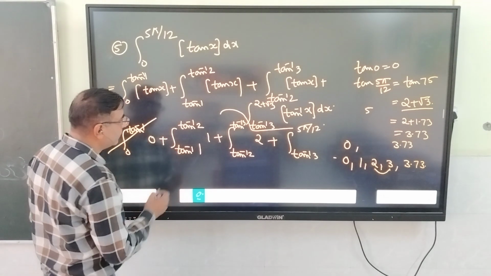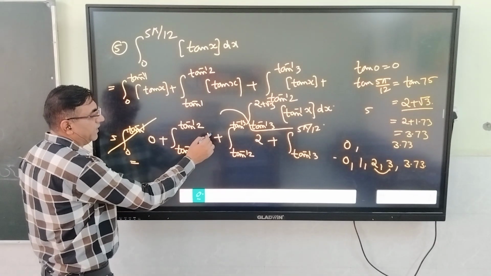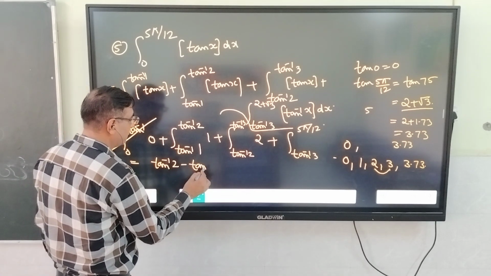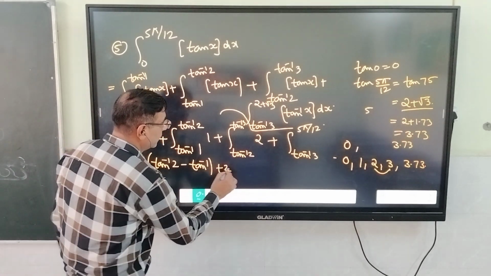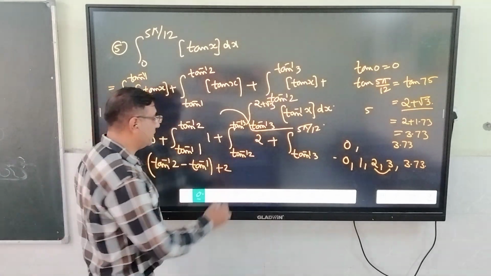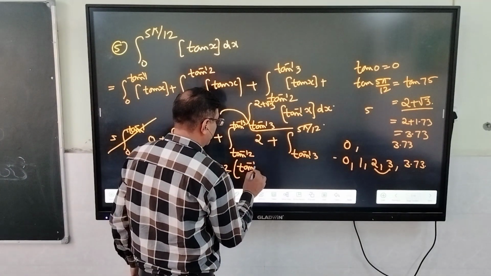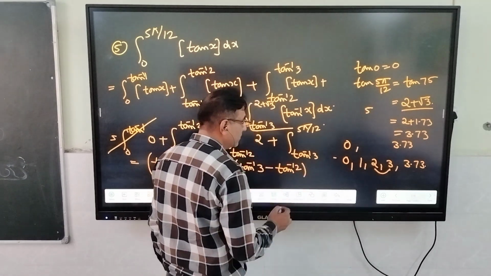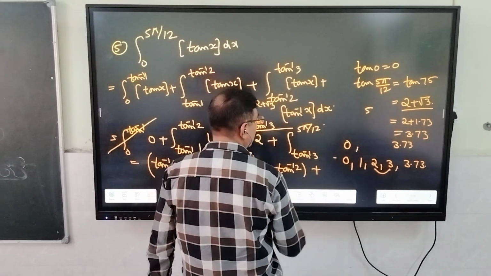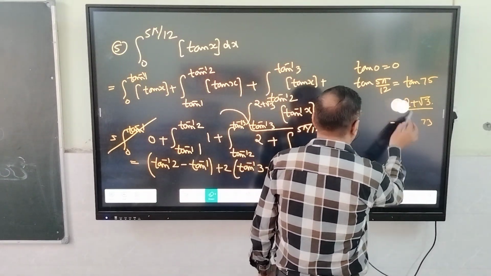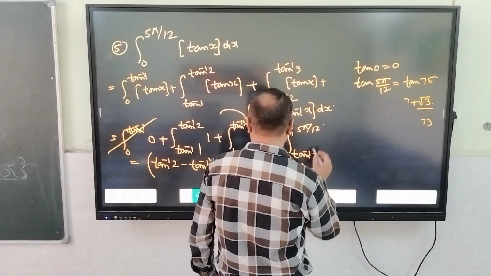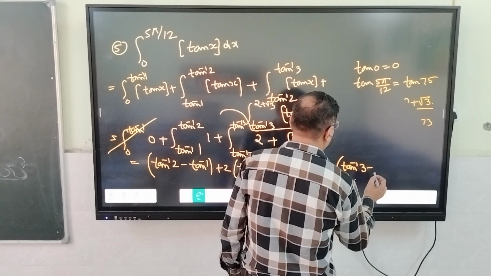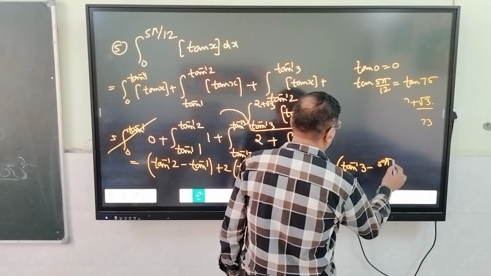This will become 0, or x tan inverse 2 minus tan inverse 1 plus 2, here it will be x, then it will be tan inverse minus tan inverse 3 minus tan inverse 2 plus, I am going to take this, plus 3 tan inverse 3 minus 5 pi by 1.